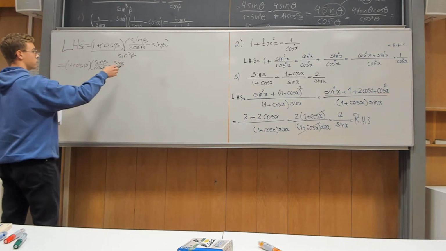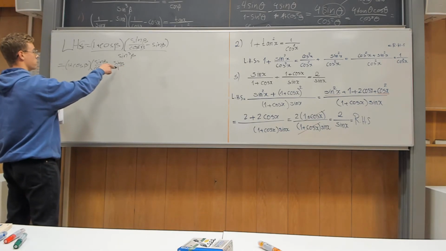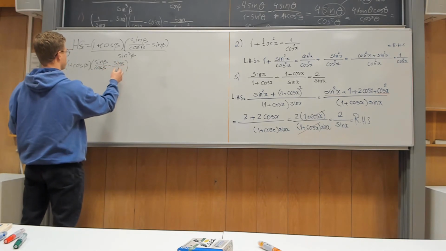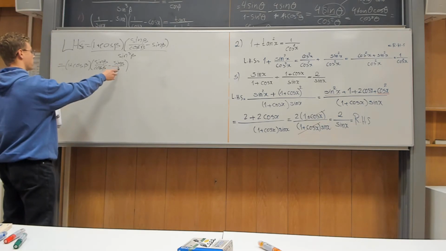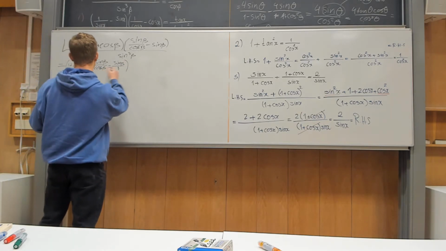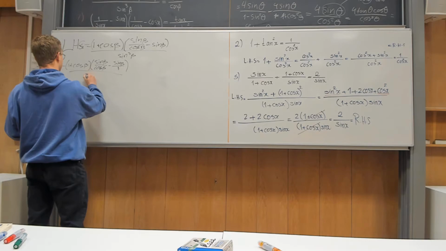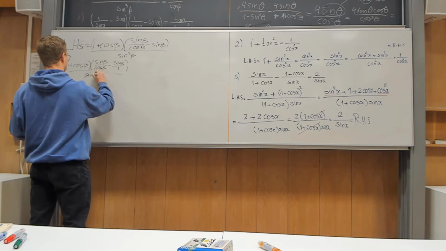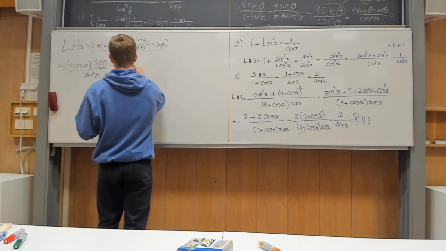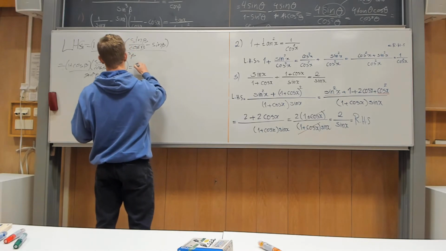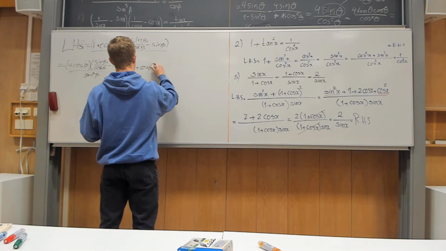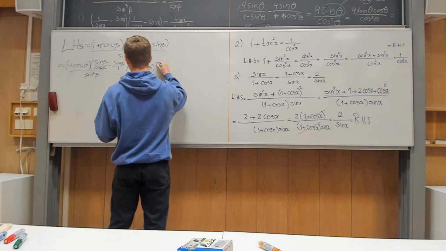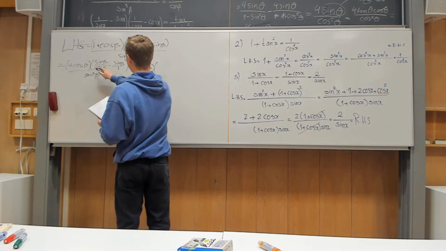So I can write sine b as sine b over 1. And then to find the common denominator, I multiply these. So this becomes, and that is just cosine of b.